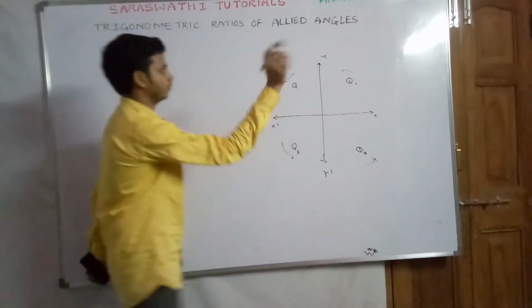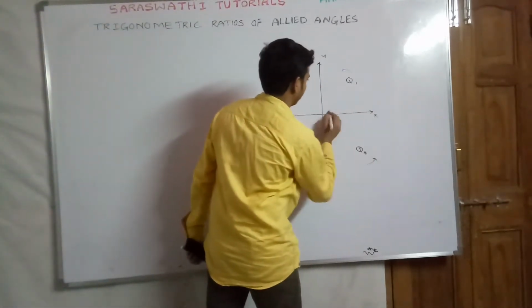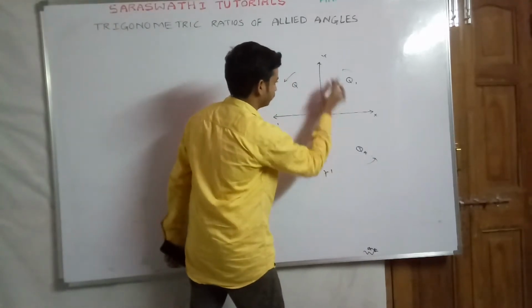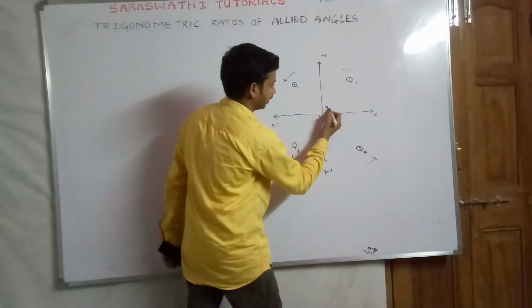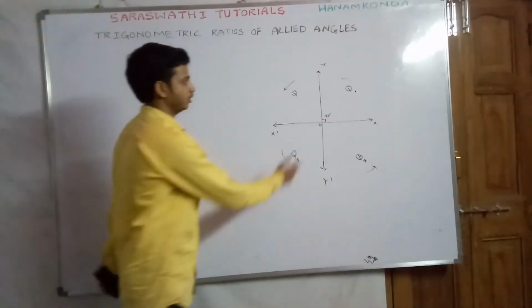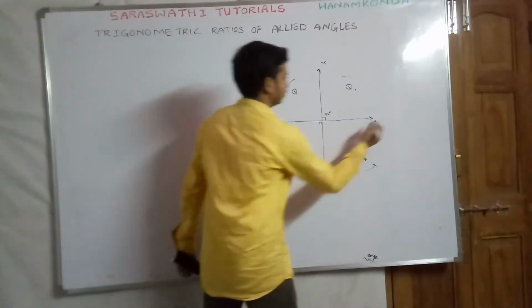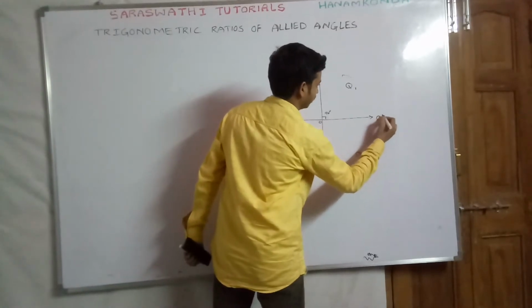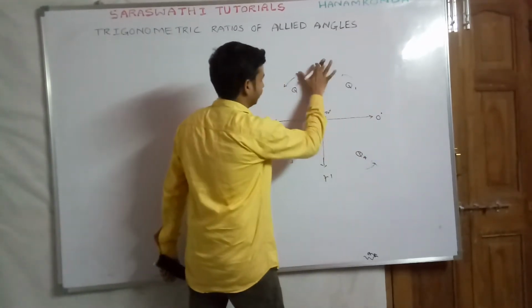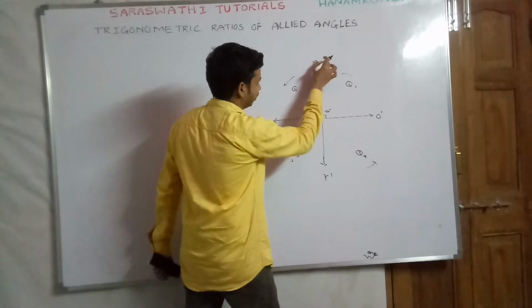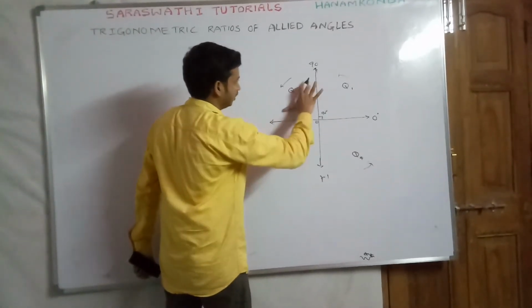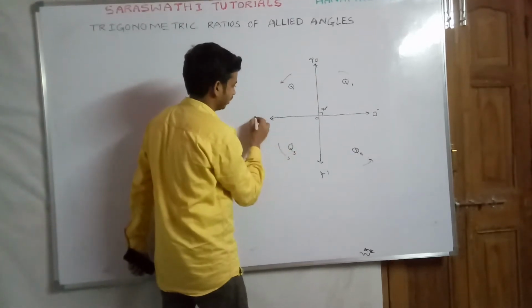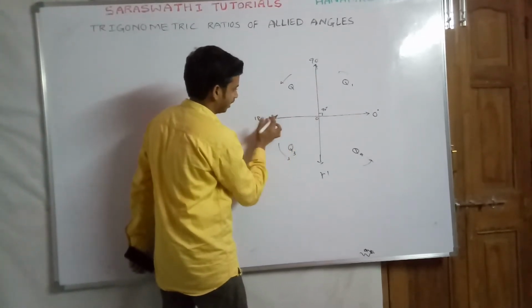These two axes intersect at the origin O at right angles, so the angle here is 90 degrees. Take 0 degrees here, then the next line is 90 degrees. From here to here again it is 90 degrees, so 90 plus 90 is 180 degrees, the angle on the straight line.